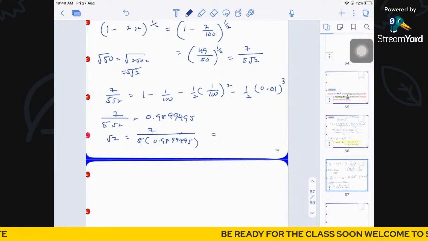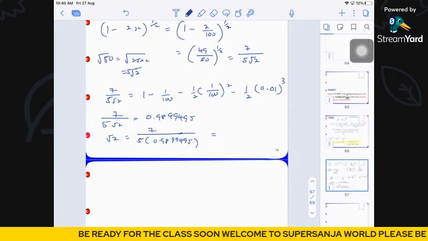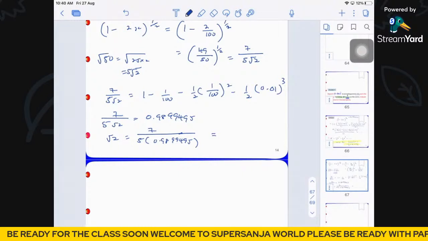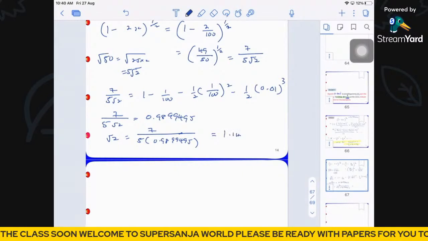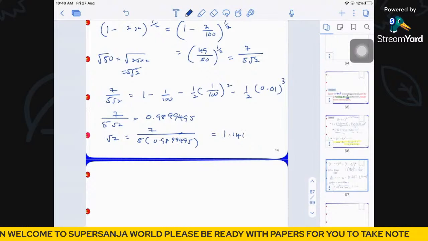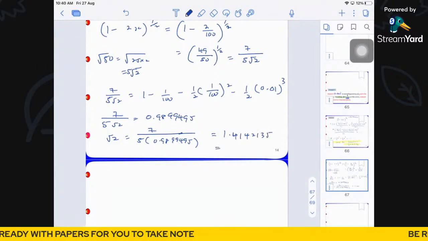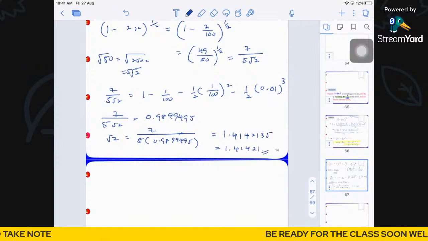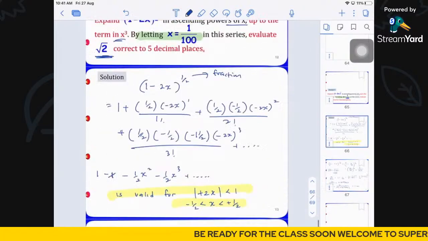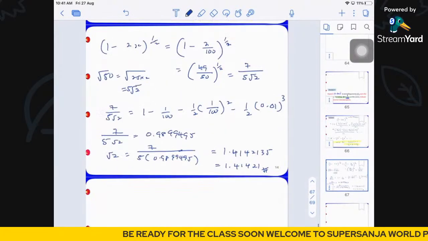From there, this is 7 divided by 5 times the answer, or 7 divided by the answer first. So here you get 1.4142135, but they want 5 decimal places, so 1.41421. They want 5 decimal places, right? So I get the final answer here.